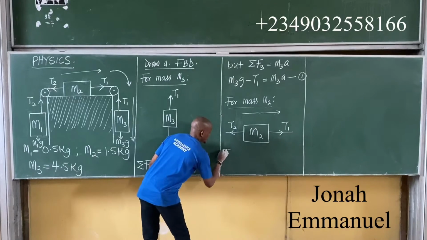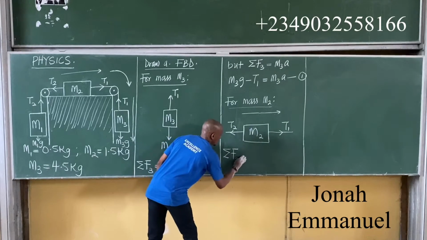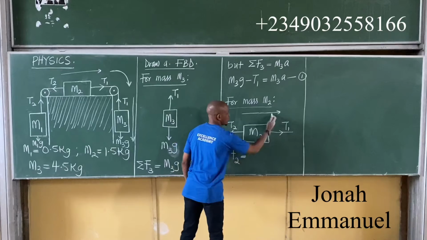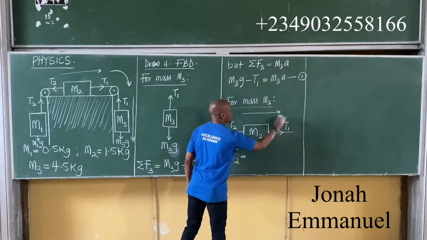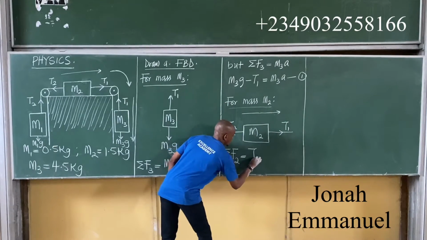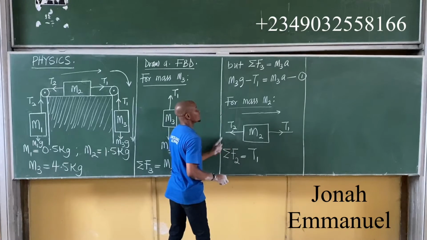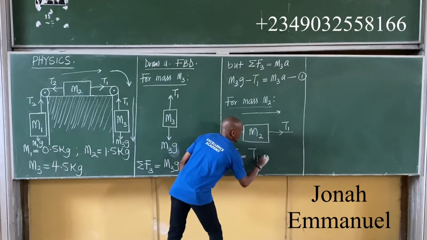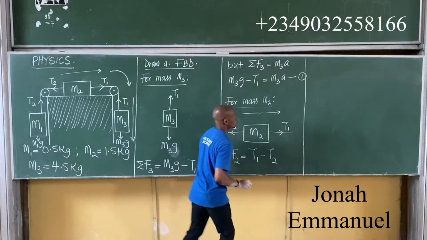If I take the sum of F2, that will be equal to... this one moves in the same direction, so T1 is positive. T2 is moving in my opposite direction, so it becomes minus T2.